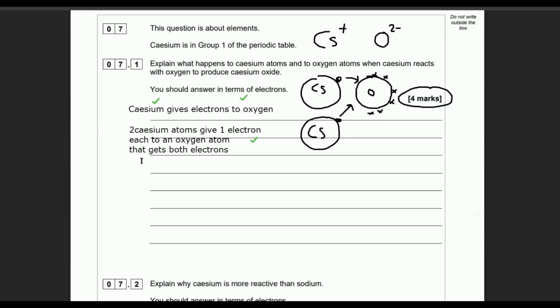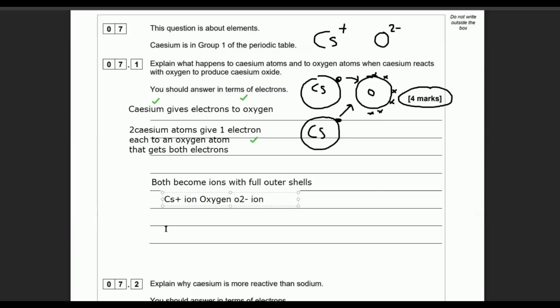Now, for the 4th mark, I'm going to gamble on 3 or 4 different points. I'm going to say both become ions with full outer shells. So they're both happy now. They've got full outer shells. They're both stable. And I want to say cesium +1 ion and oxygen O2- ion.